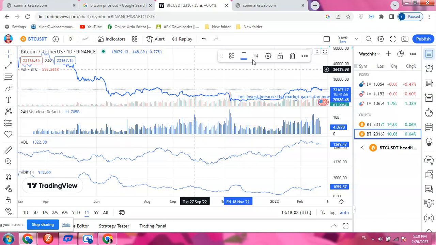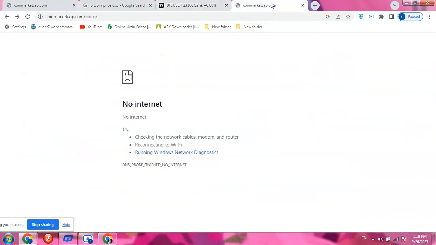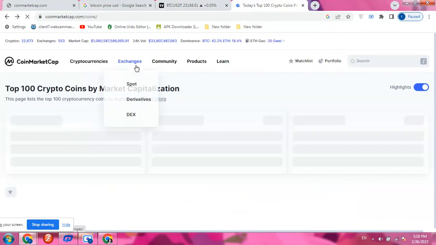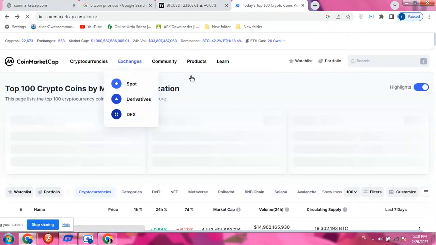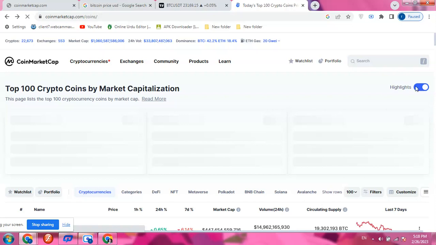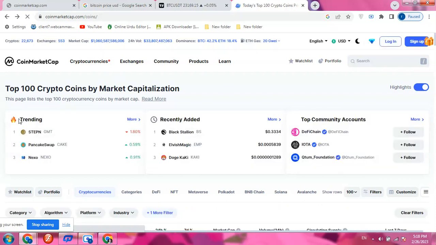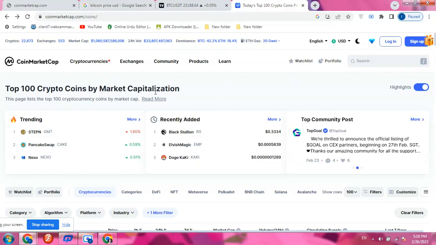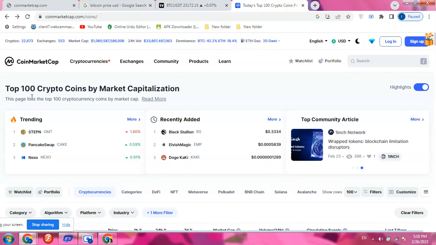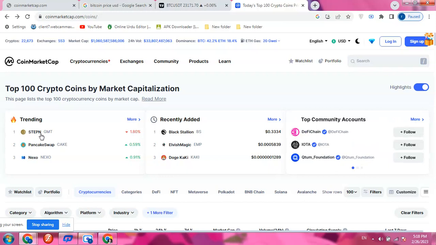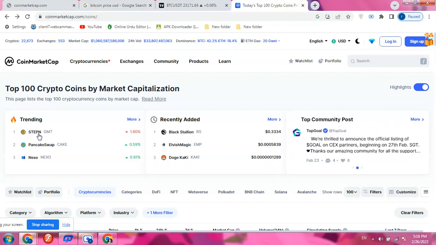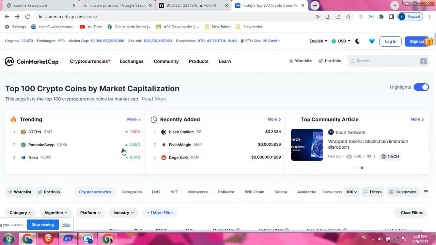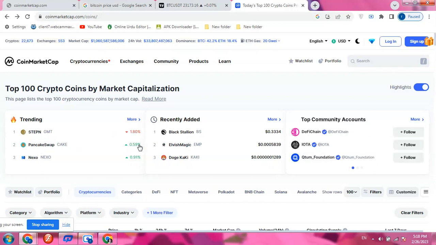Okay, go to coinmarketcap.com. In coinmarketcap.com, we check the trending top 100 crypto coins by market capitalization. In the top 100 trending coins: STEM, GMT, PancakeSwap 0.59% up.